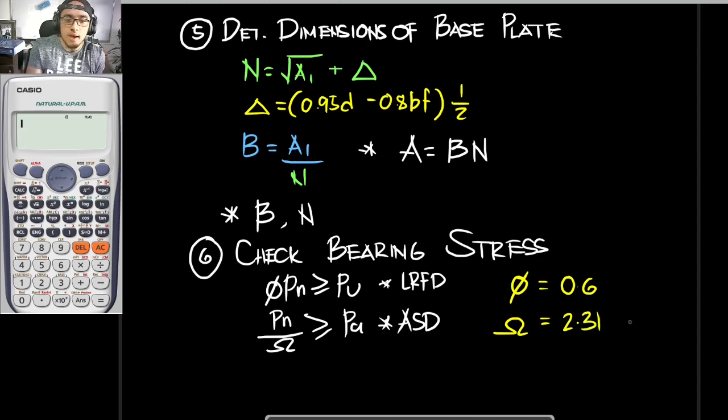Okay, isa palang tip guys, kung for example naalala nyo yung phi na nagagamitin mo para sa computation mo, for example sa bearing stress, kunwari natandaan ko lang is yung phi which is 0.6 and nakalimutan ko tong 2.31, dapat yung product nilang dalawa should be approximately equal to 1.5. So if we are to use the calculator, so guys, nakita nyo ba yung calculator sa inyong left side ng screen?